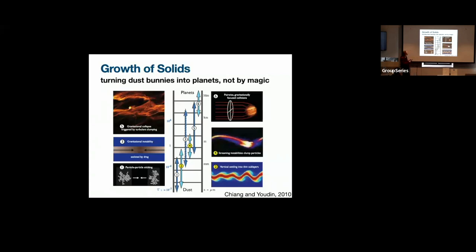And once you have these large bodies that look an awful lot, in terms of their size distribution, like the Kuiper belt objects that we can measure in our own solar system, you can then get ahead to this stage where you get pairwise gravitationally focused collisions. So this is one big solution to how we start to get the growth from these very, very small dust grains up to proper planetesimals.